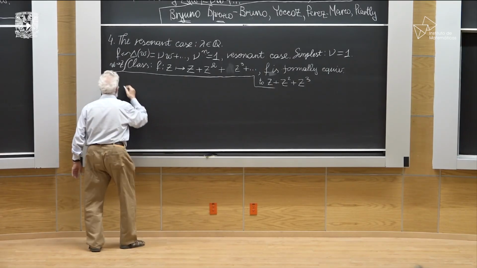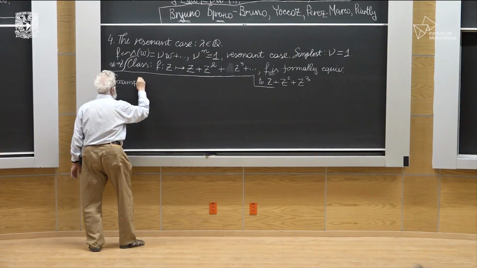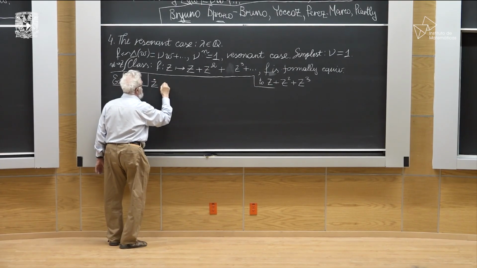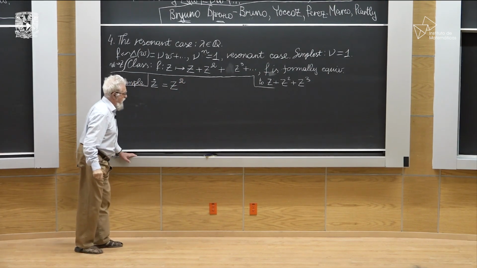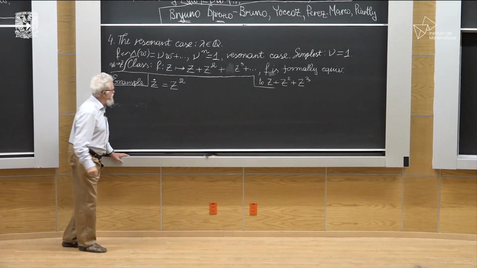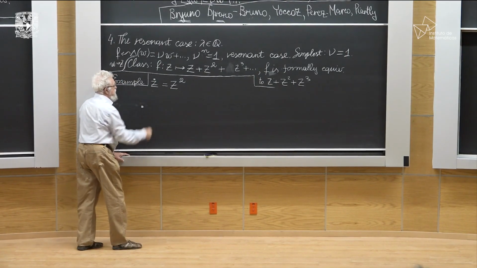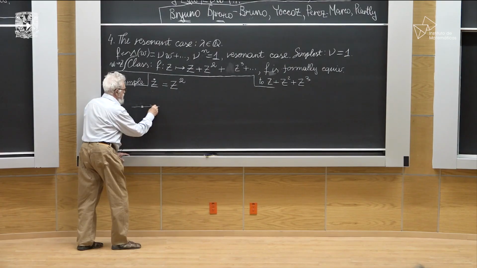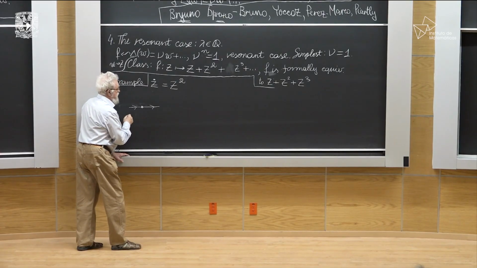Let us consider an elementary example. Consider a differential equation in the one-dimensional complex plane like this. The phase curves of this equation are very nice. On the real line, it is like this, nothing interesting.